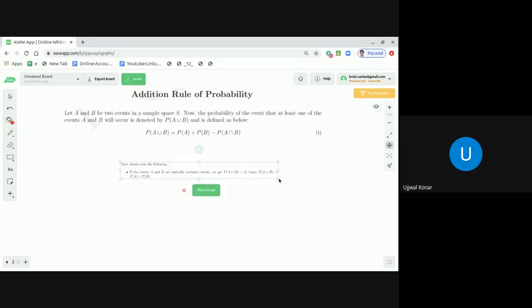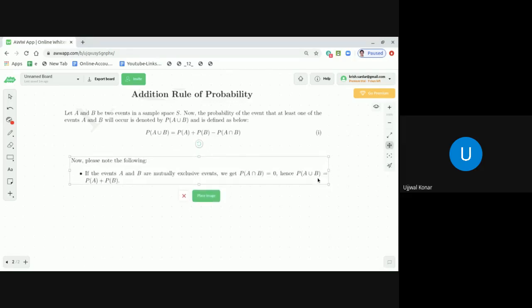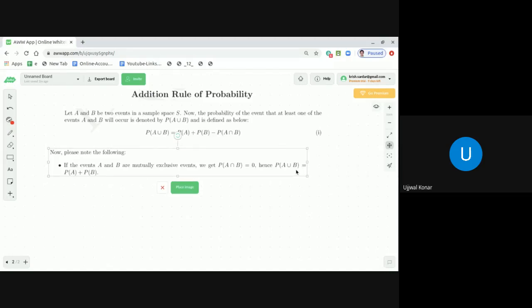The first one, dear students, is that if the events A and B are mutually exclusive events. Dear students, in the previous session we discussed in detail the mutually exclusive events. Mutually exclusive means that A intersection B is a null set. If A intersection B is a null set, then obviously probability of A intersection B should be 0.